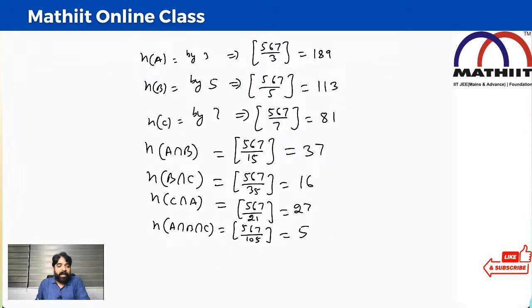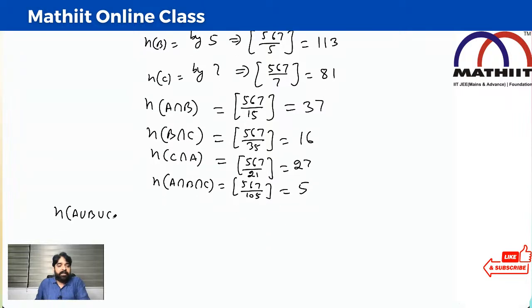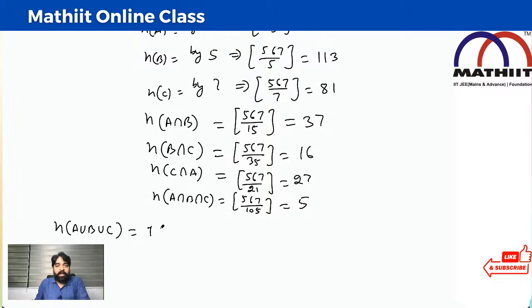We have to find n of A union B union C, meaning either A or B or C. So that will be equal to n(A) plus n(B) plus n(C), which is 189 plus 113 plus 81, minus 37 minus 16 minus 27 plus 5.